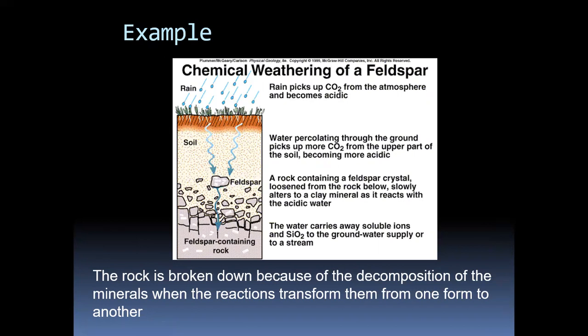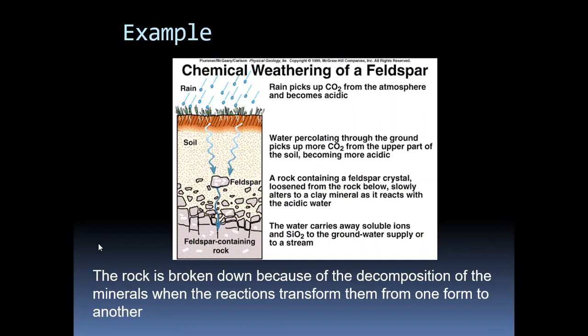By this reaction, it loosens the minerals. Through this loosening, some of the ions will be dissolved and released. By doing so, the minerals will be transferred from one form to another, leading to the breaking down of these minerals or of this rock.